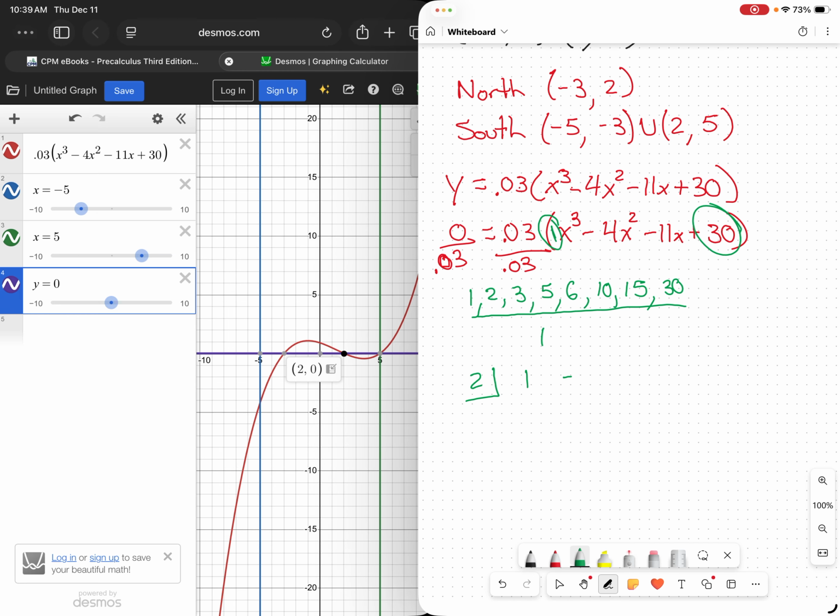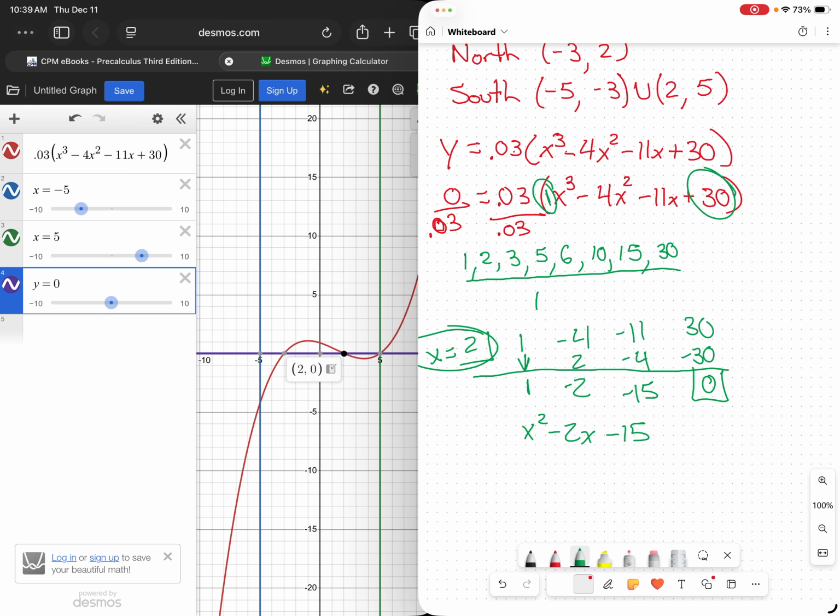So 1, negative 4, negative 11, and 30. Bring down the 1. 1 times 2 is 2. Negative 2. 2 times negative 2 is negative 4. Negative 15 times 2 is negative 30. No remainder. Okay, so we know x equals 2 is one of our zeros. And then the other one here, we're going to have x squared minus 2x minus 15.